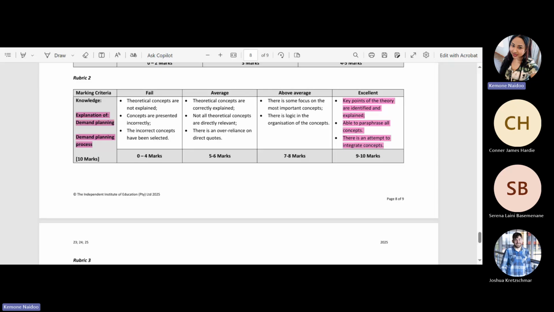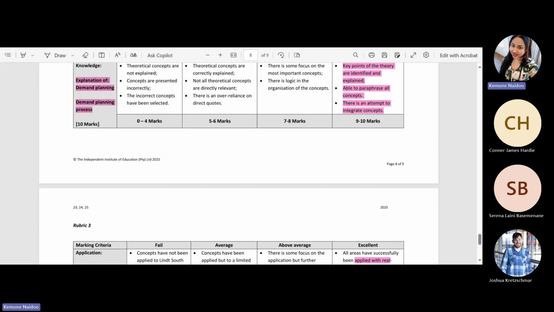So if something is saying operations management is in charge of the transformation model, you just reword that to: the importance of operations management is to overlook the processes and procedures in the transformation model or in the manufacturing process. So do you see how I used my own words, or I used different words than what my initial words were? So you want to do something along those lines, okay?